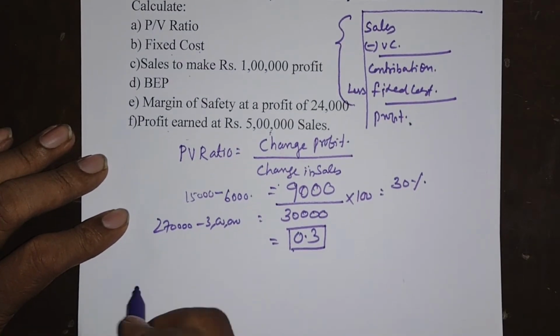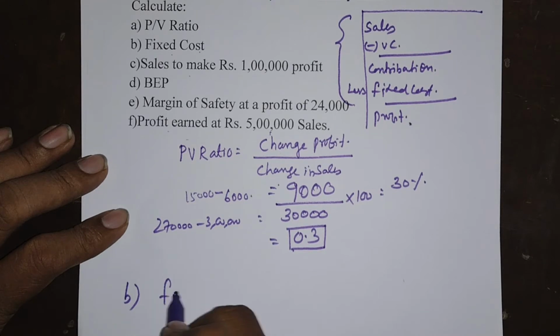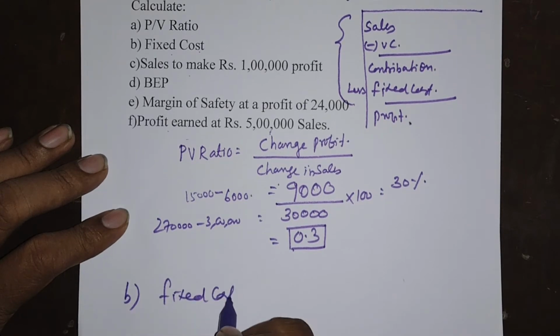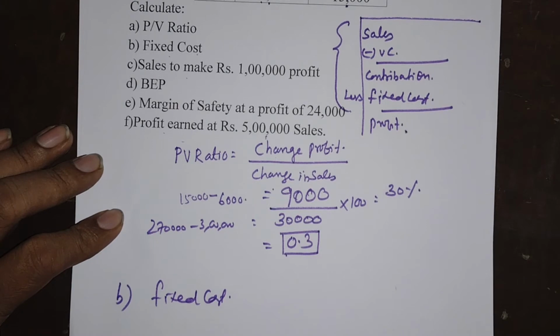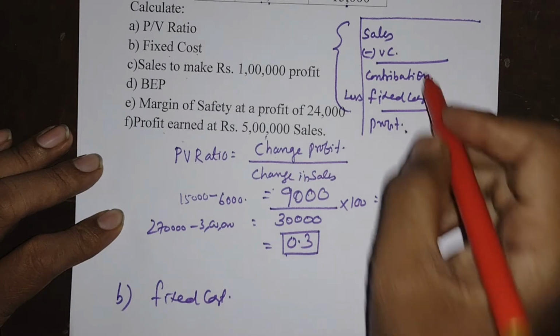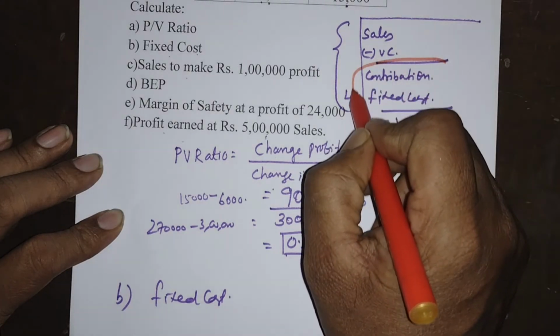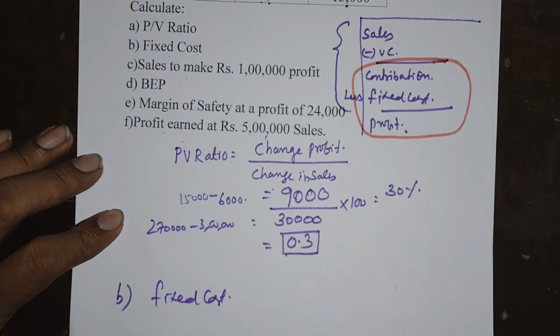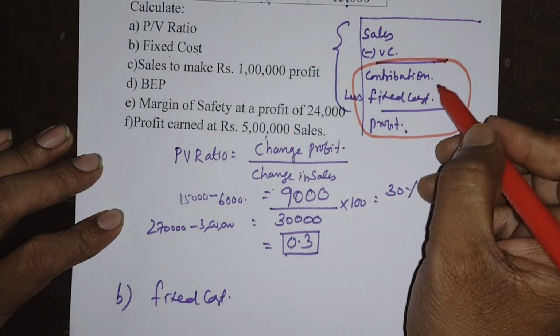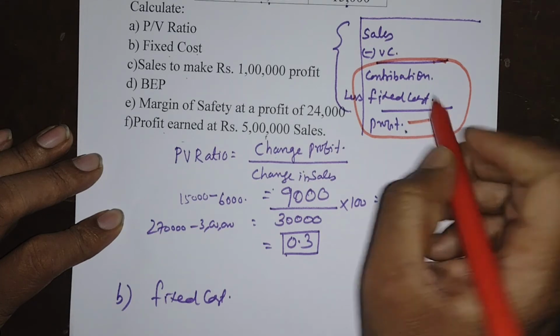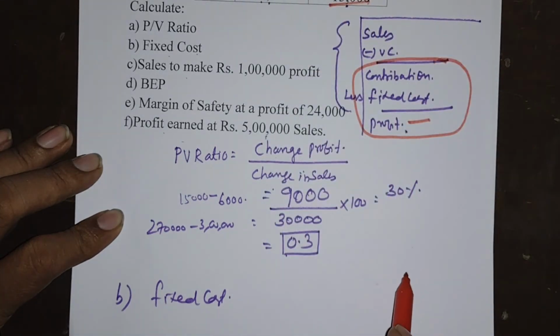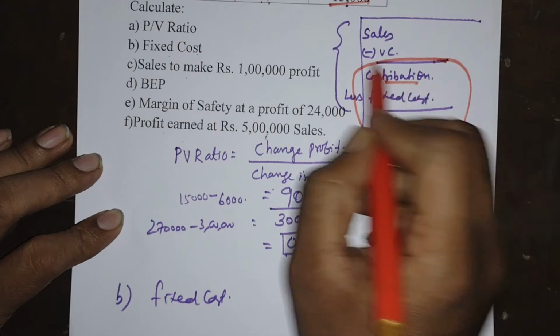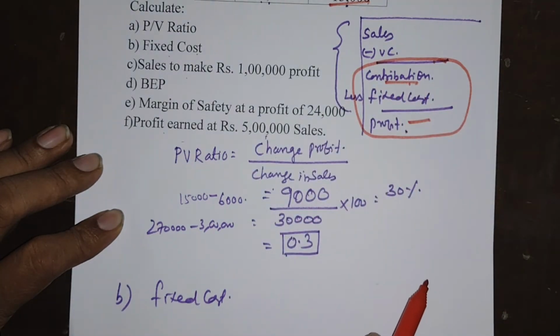Next, coming to fixed cost, B. Now the reason why I have written this format, you will come to know that the fixed cost is in between the contribution and the profit. Profit is given in the question. Contribution we can find with the help of the other formula.